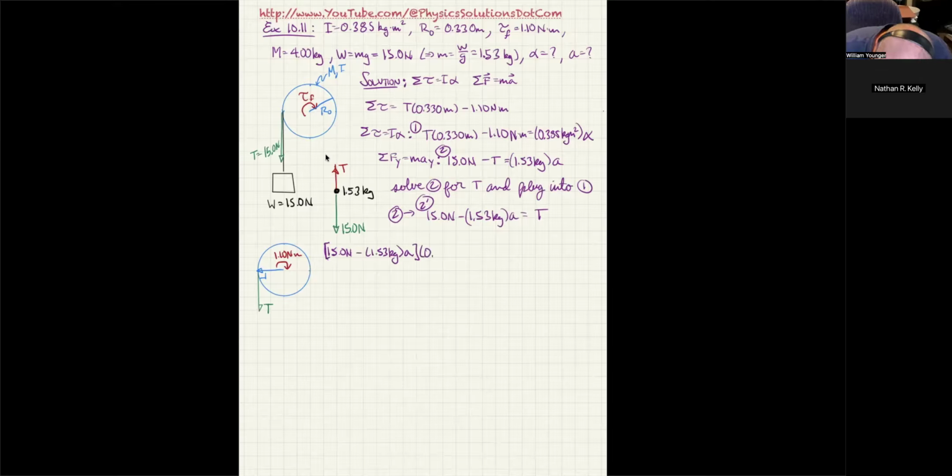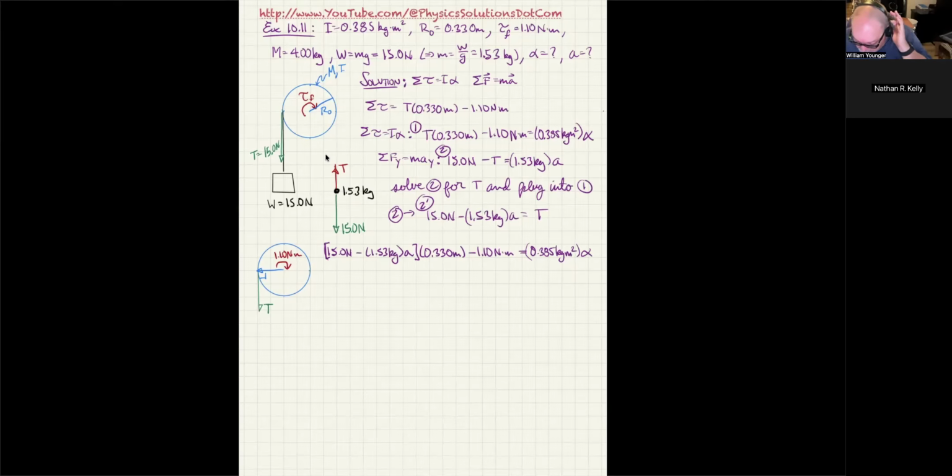Next to that, I have 0.330 meters, and then minus 1.10 Newton meters is equal to the right-hand side, which is 0.385 kilograms meters squared times alpha.